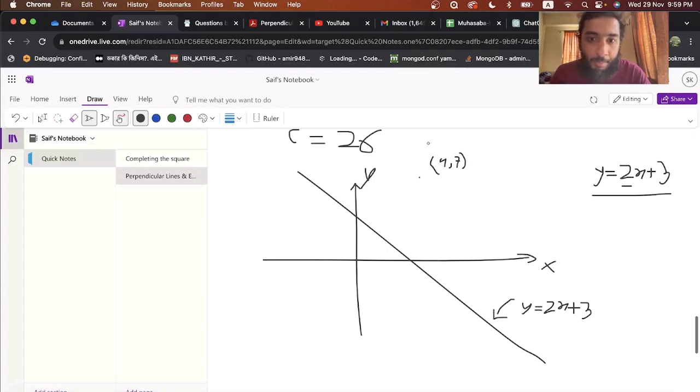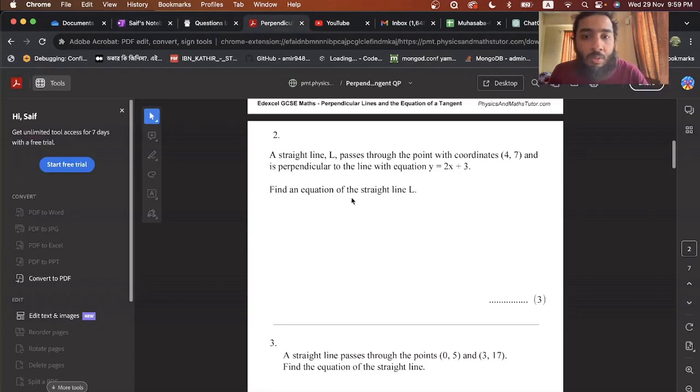The line L would be perpendicular, so I can draw a line something like this, where this is 90 degrees. This is the straight line L that we have to figure out, so we have to find the equation of straight line L.